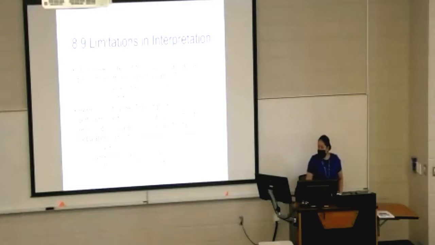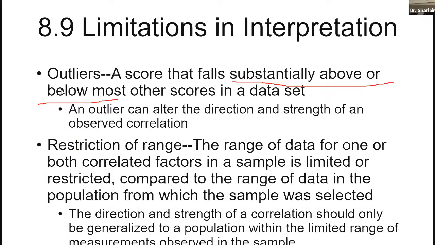Now, another issue that we may come across is the restriction of range. What do I mean by restriction of range? Notice that the range of data that you collected is inherently limited to that specific set when compared to the rest of the data of the population.